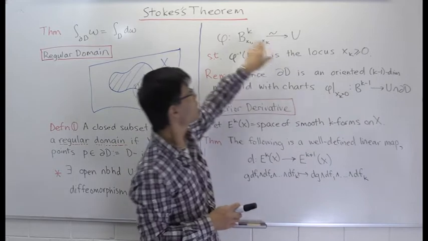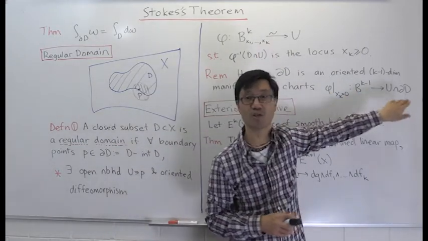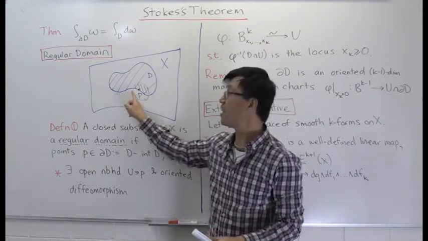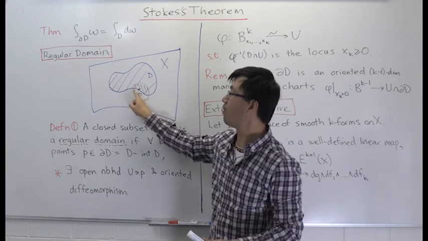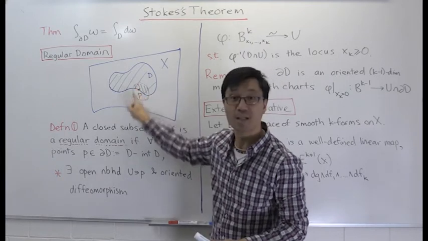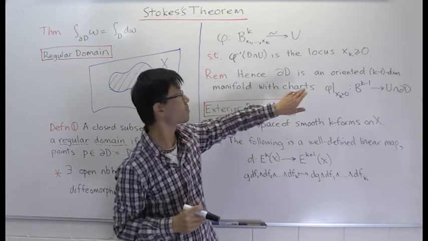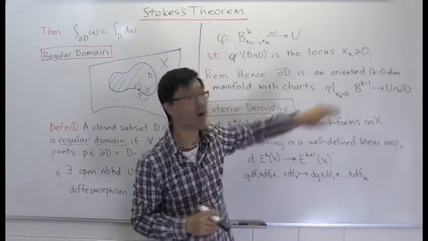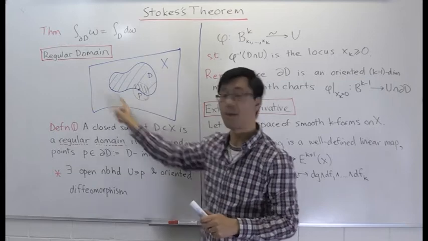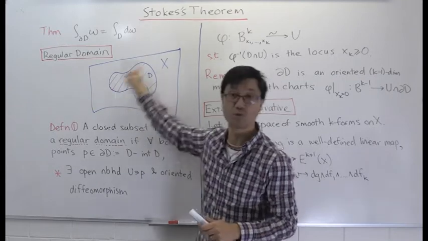So when you restrict to this, what's its image? The image, as I just remarked before, is just the boundary of D inside this open set. So it's the intersection of U with this boundary. And since you have these charts for each boundary point, that means that you have a manifold structure.